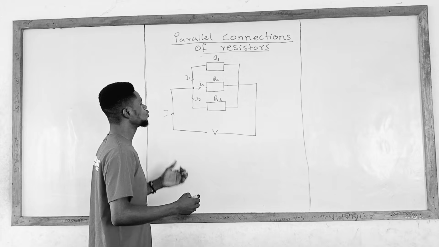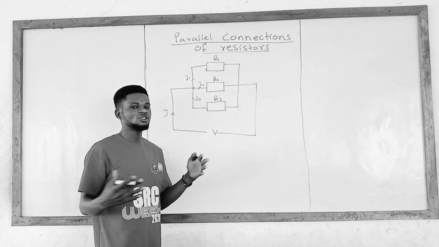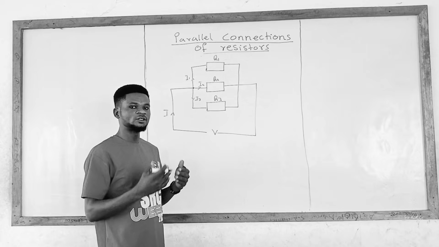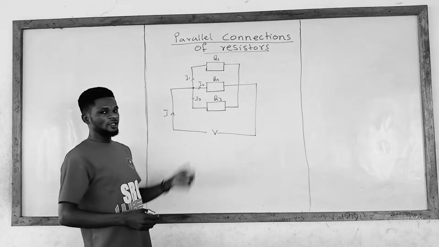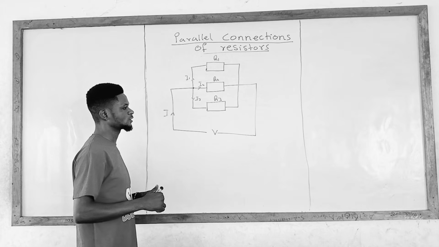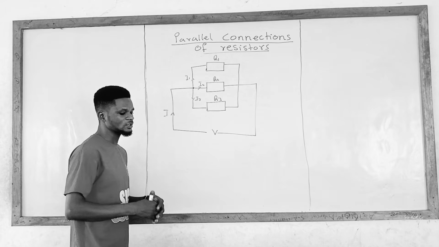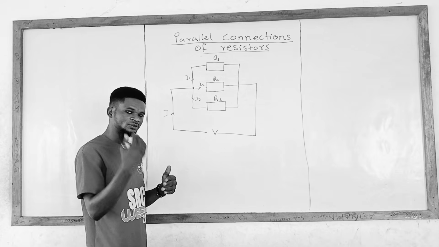So it means that the currents in parallel connections are always different, but voltages in parallel connections are the same. So if you want to find the sum of the current in parallel connection, it's just to add the current in each component in the circuit, just like this. Now to also find the total resistance, we said the total resistance is less than the smallest branch resistance.